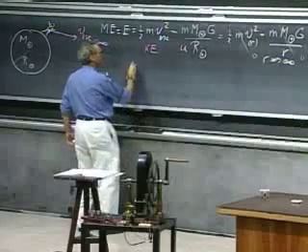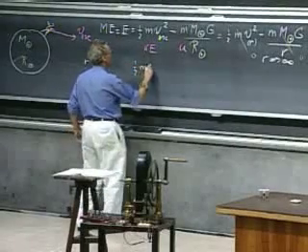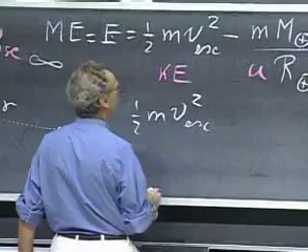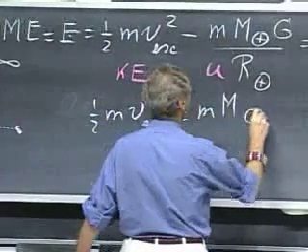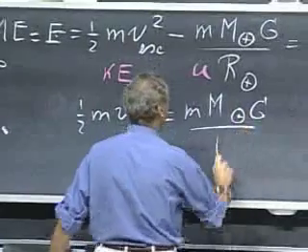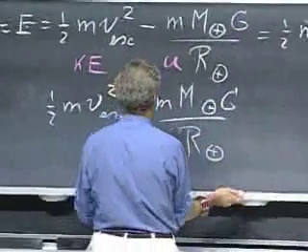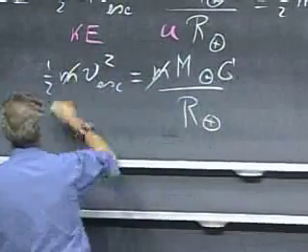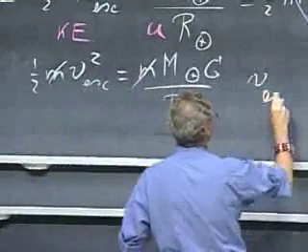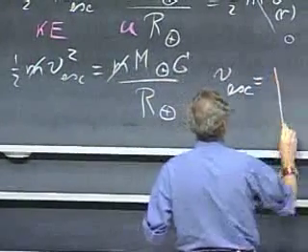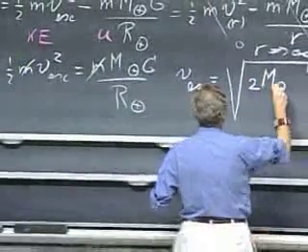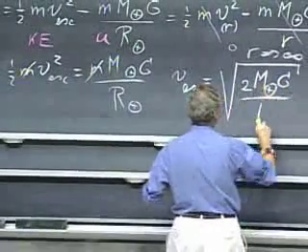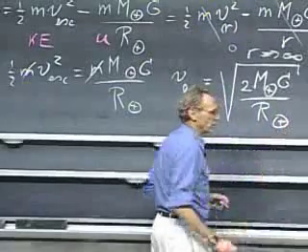And so we find that 1/2 m v escape squared equals m Earth g divided by the radius of the Earth. I lose my little m, and I find that the escape velocity that I have to give you is the square root of 2 m Earth g divided by the radius of the Earth.